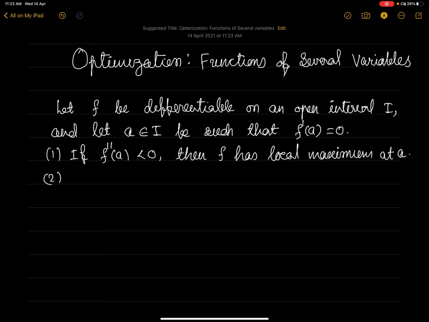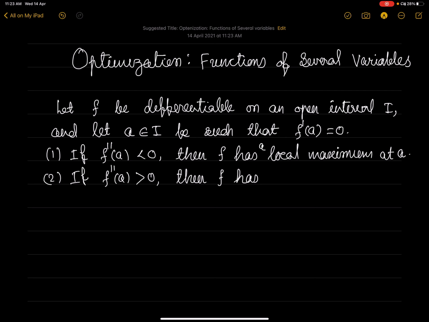And similarly, if f double dash of a, that means the value of the second derivative of f at a, is positive, then f has a local minimum at the point a.